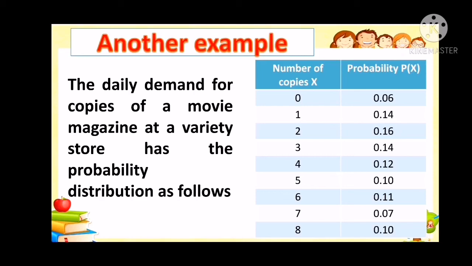So we have here 0, 1, 2, 3, 4, 5, 6, 7, 8. Okay? So yung 0, meron siyang probability na 0.06, 1, 0.14, 2, 0.16, 3, 0.14, 4, 0.12, 5, 0.10, 6, 0.11, 7, 0.07, and then 8, 0.10.